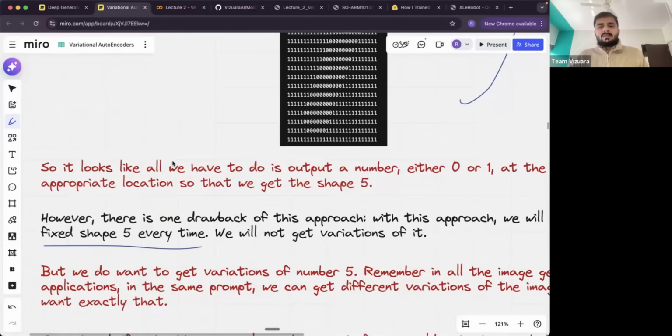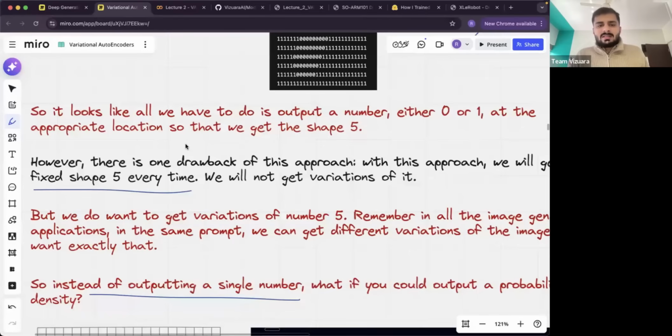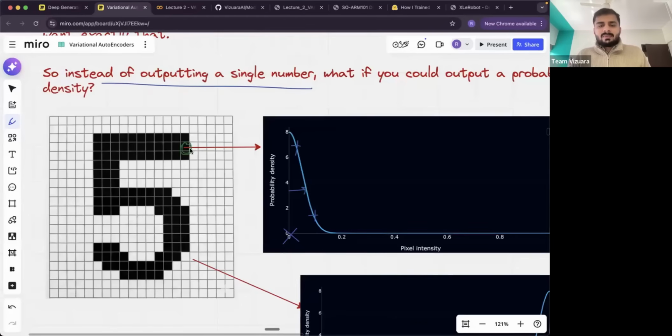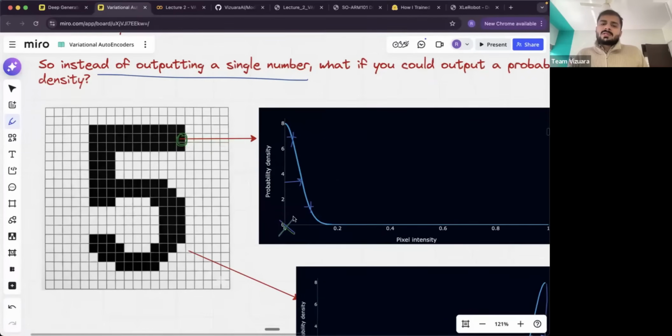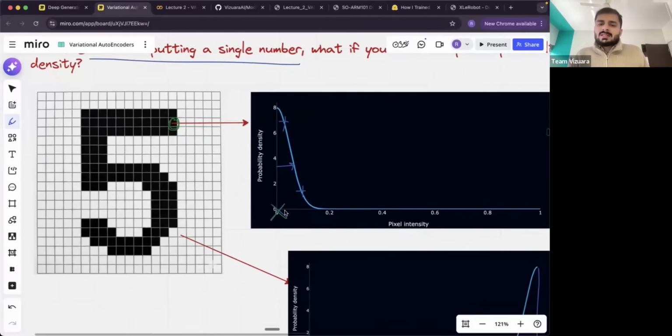Let's understand how that happens. Let's consider this pixel, for example. For this pixel, I am not outputting a single number, but I'm outputting a probability density, where you can see that the density for 0 is the highest and it gradually wears off. So I'm most likely to pick this 0 value, but sometimes I might pick 0.1 also.